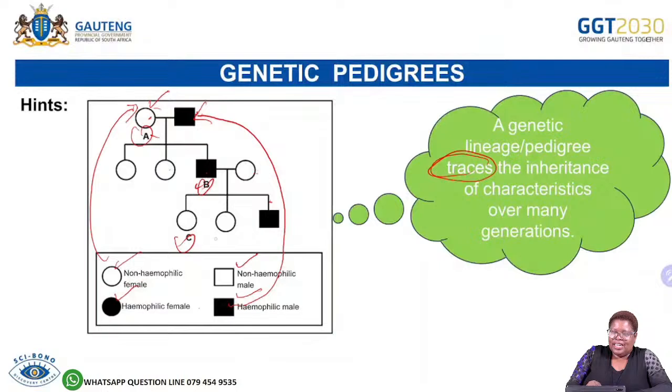What about their children? They have 2 daughters who are non-hemophilic, and a son that is hemophilic. So what does this tell us? Pedigree diagrams are there to trace, to track the inheritance of characteristics over generations.